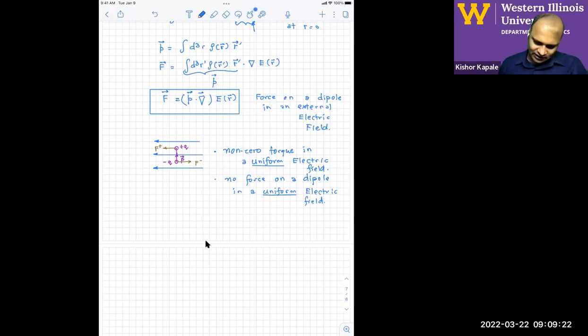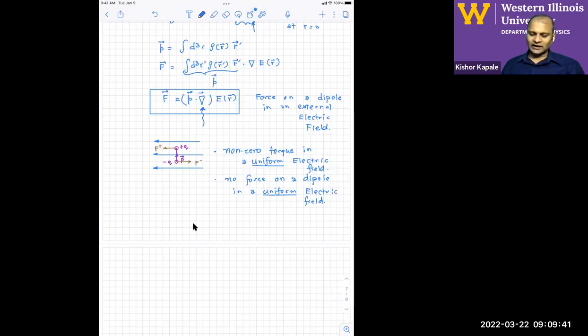So this gradient here is extremely crucial. If the electric field is uniform, it does not vary, then there is not going to be any force on the dipole.